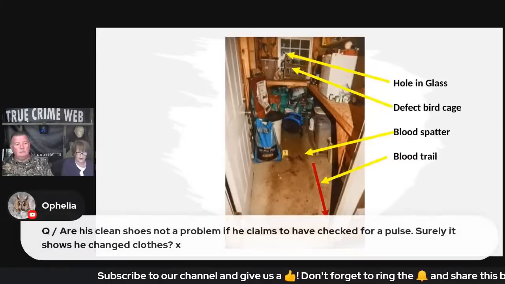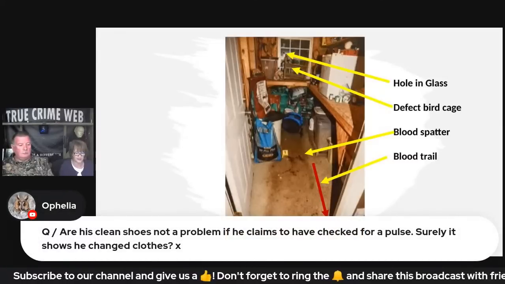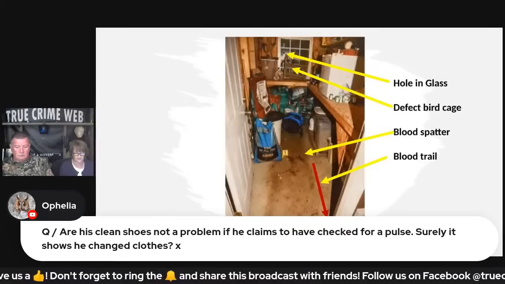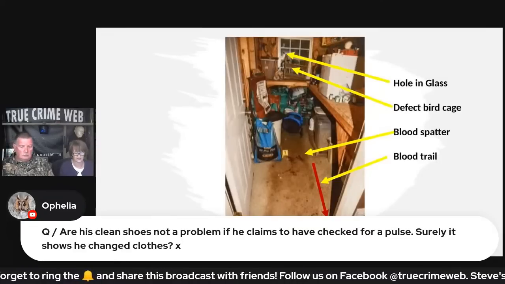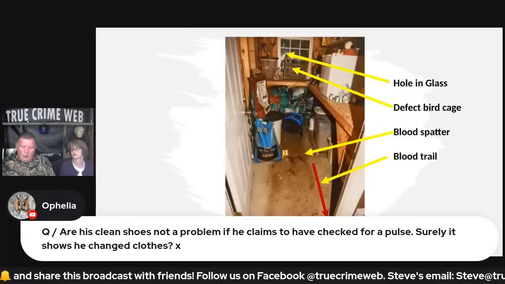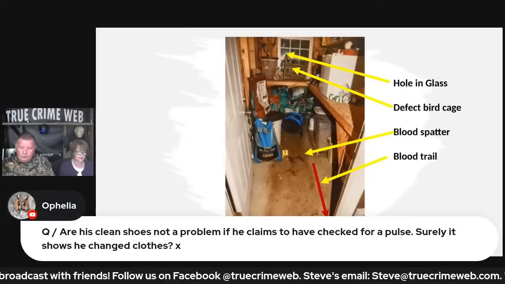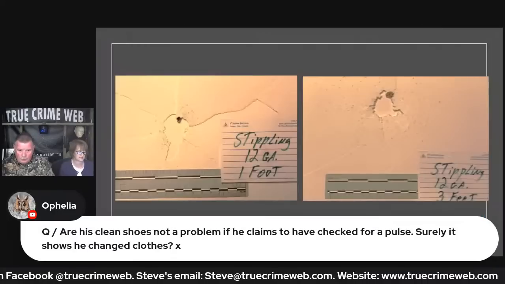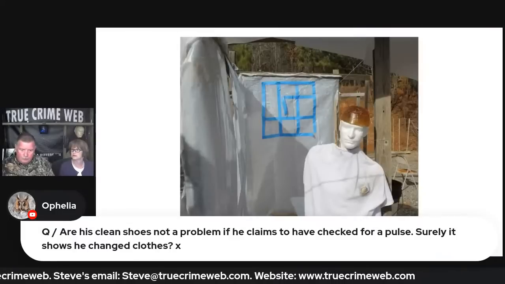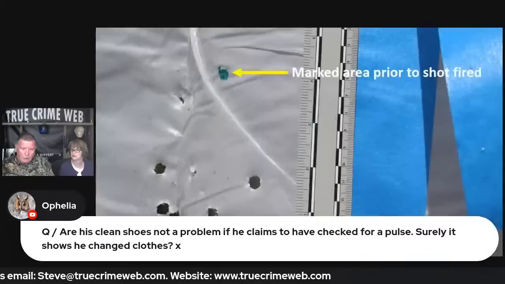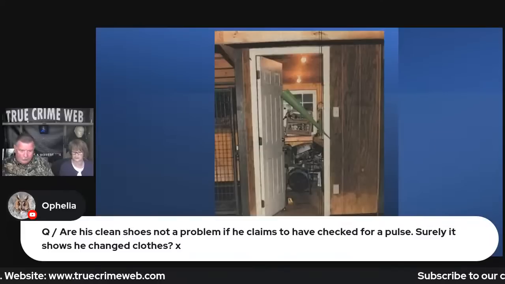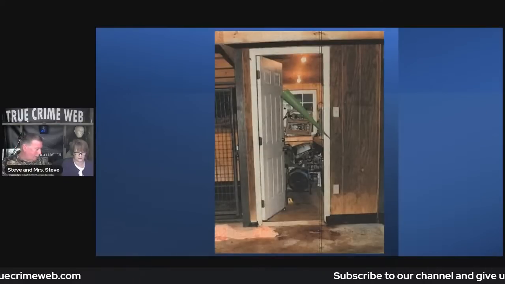All right. And Ophelia's question: are his clean shoes not a problem if he claims to have checked for a pulse? Surely it shows he changed clothes. Let me get to which one is it? No, I think it's this one. Take off the writing there at the bottom. Yeah, there you go.